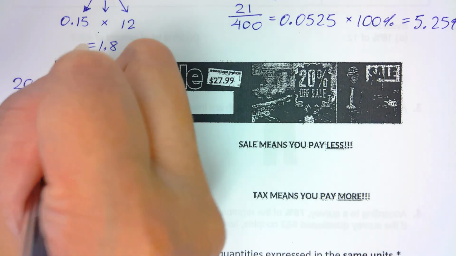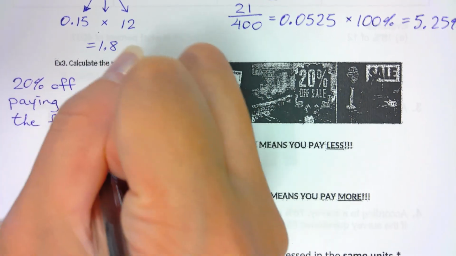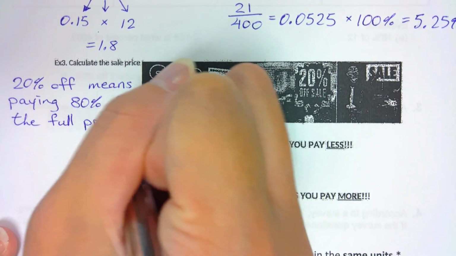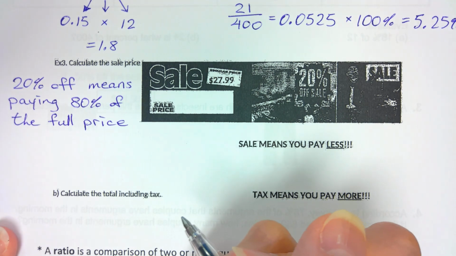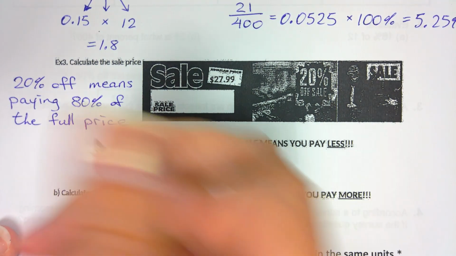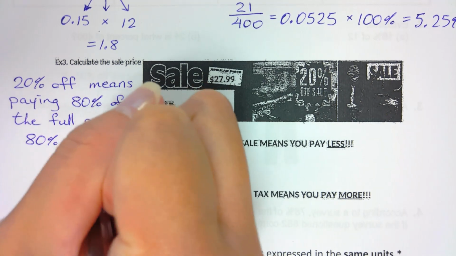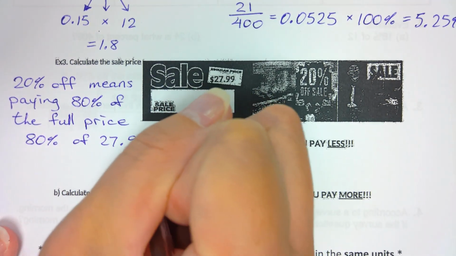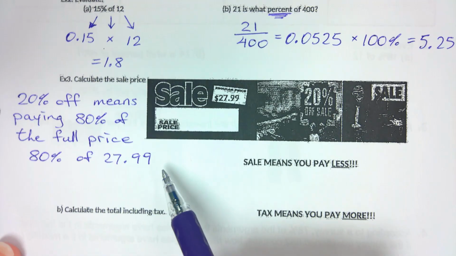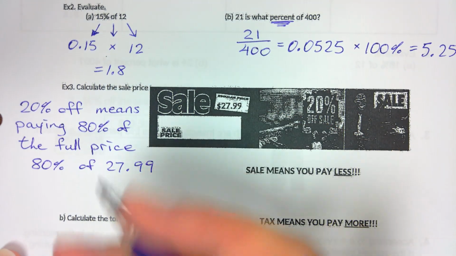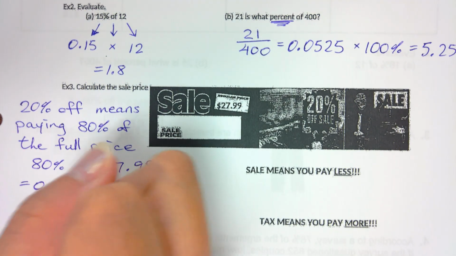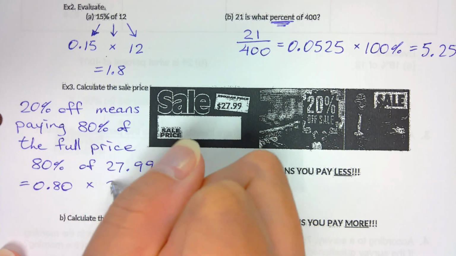That's why this is the easy way, a shortcut. 20% off means you're paying 80% of the full price. So all you have to do is 80% of $27.99, the exact same question as how we did up here. So 0.80 times $27.99.